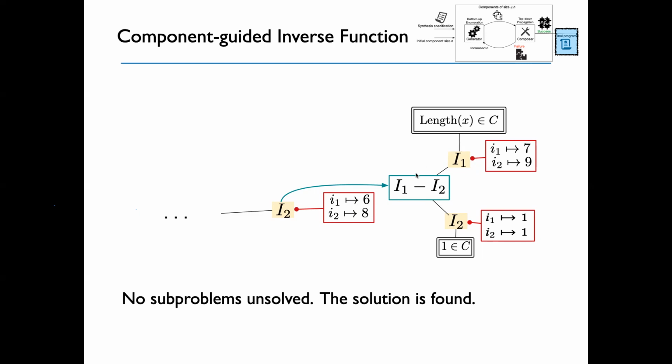By fixing I1 to be length of x, I2 is determined to be 1 accordingly. And these two subproblems are easily solvable by using the component length of x and 1. Because no subproblems are left unsolved, the solution is found.